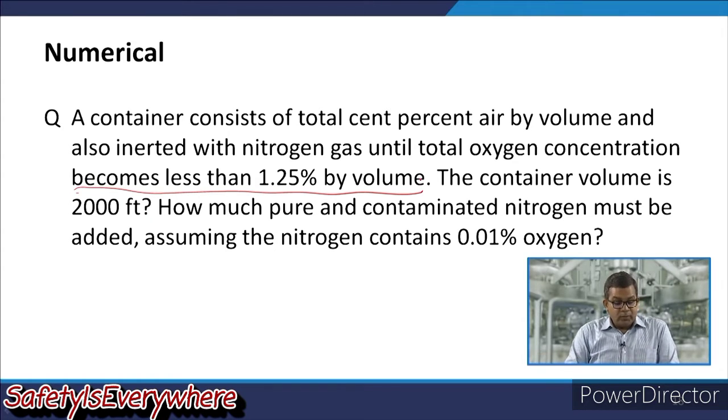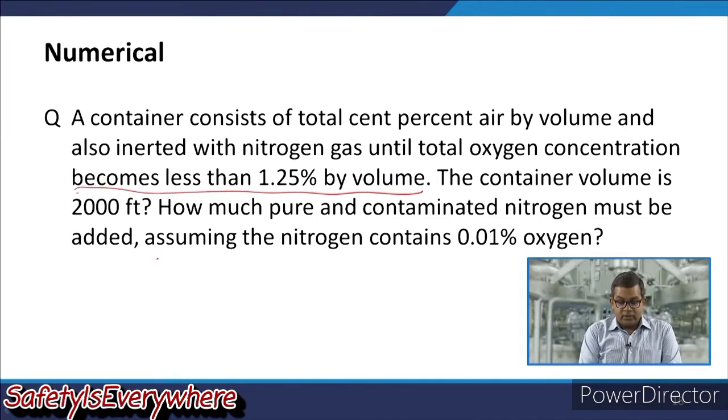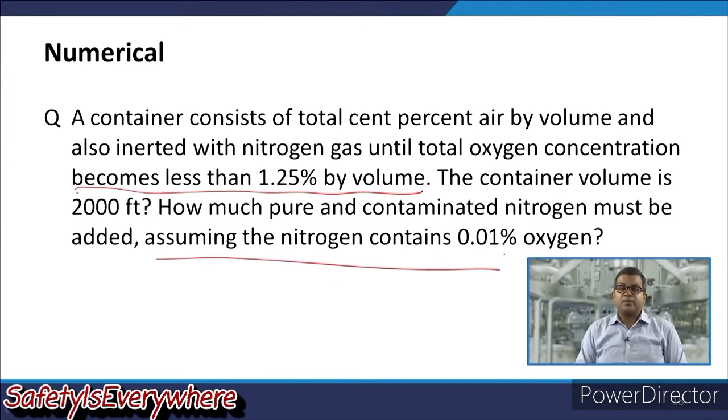The container volume is 2000 cubic feet. You need to find out how much pure and contaminated nitrogen must be added, assuming the nitrogen contains 0.01% oxygen. So nitrogen is playing a role as the inerting medium.